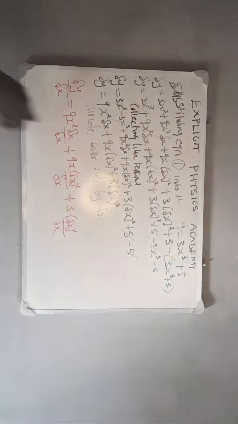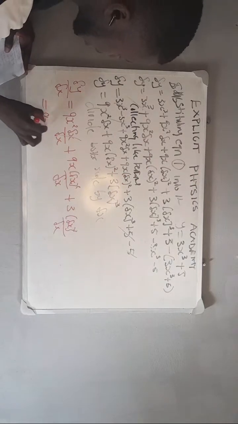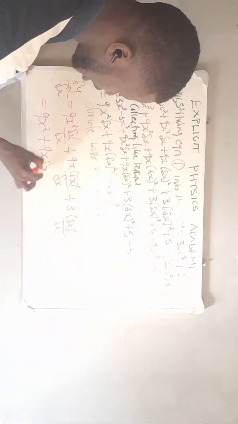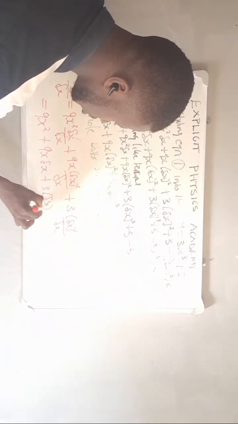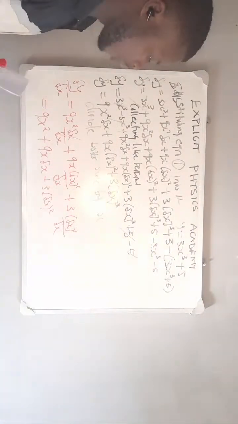Now, if you look carefully, here goes the variable, and here we will be left with 1. So our answer is going to be 9x squared plus 9x del x plus 3 del x squared. Okay, so this is what we are going to have.